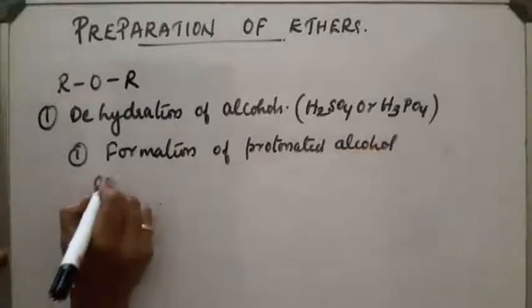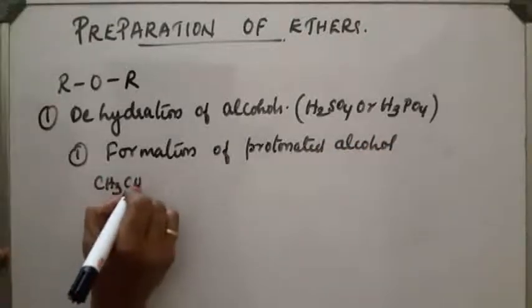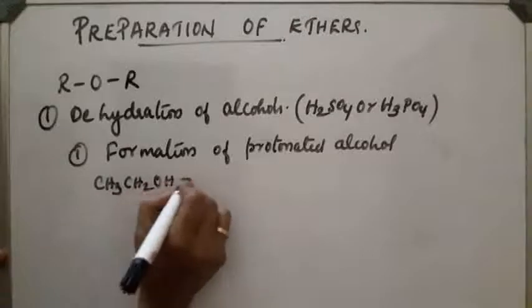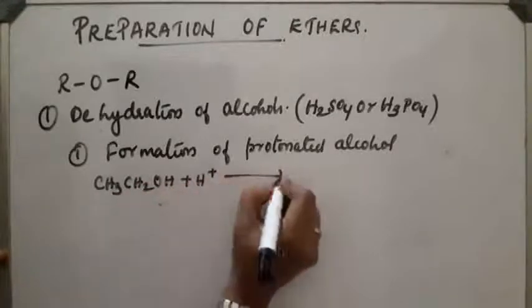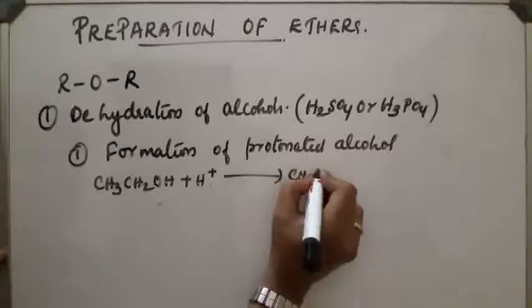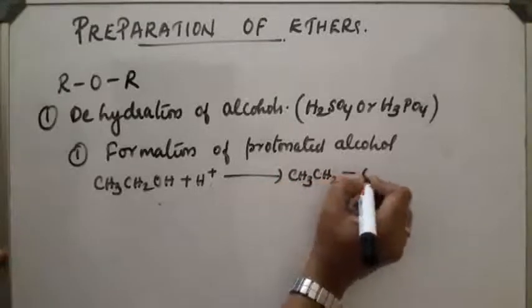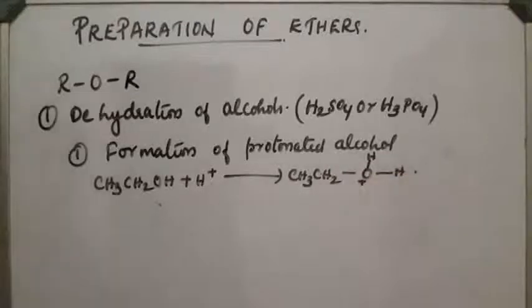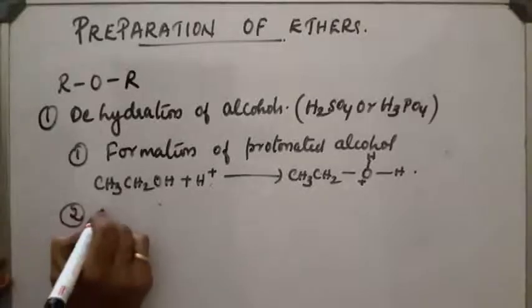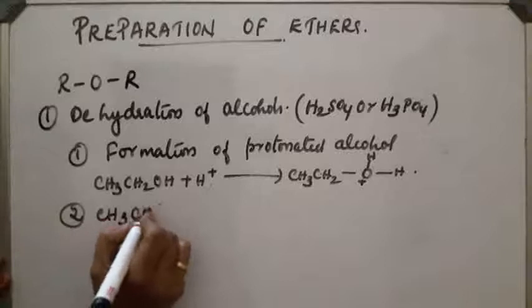CH3CH2OH plus H+ gives CH3CH2OH2+. This is the first step. And the second step is this protonated alcohol reacts with another molecule of alcohol.